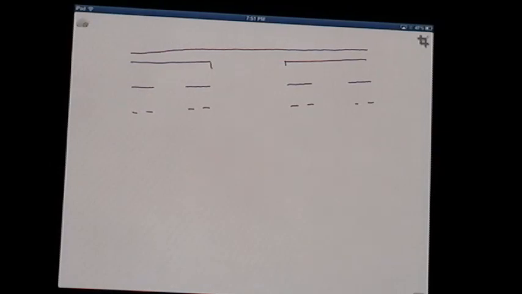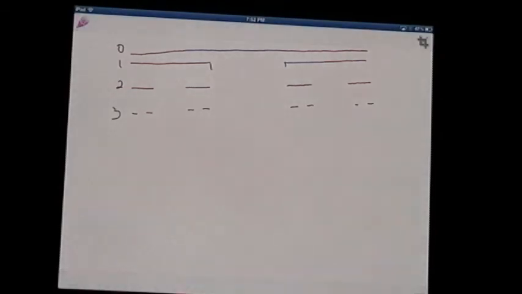Well, that wasn't a very good one, but okay, you get the idea. And it says, draw stage 0 through stage 5 of the Cantor set. Okay, this is 0, 1, 2, 3, 4, 5, 6, 7, 8.